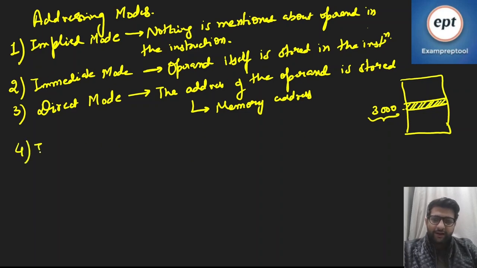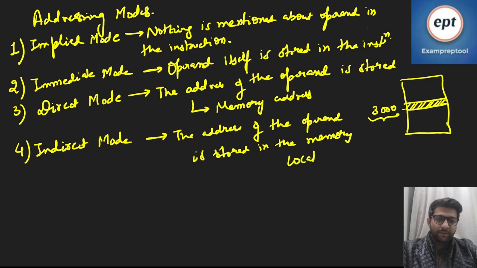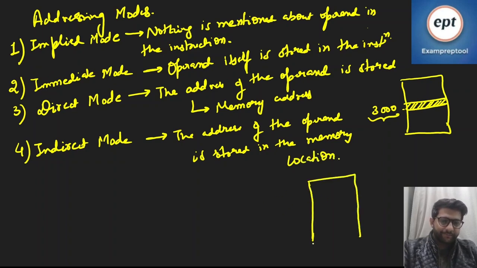The fourth one is the indirect mode. Now, the address of the operand is stored in a memory location. So let's say this is our memory and our operand is stored at, let's say, the address 6000.